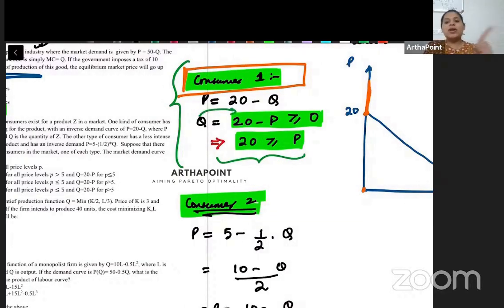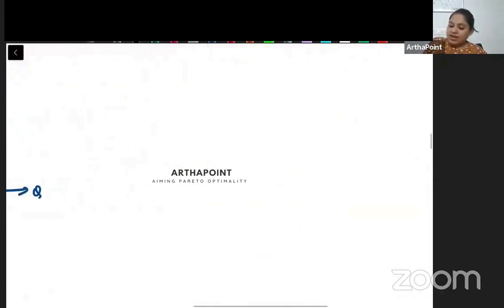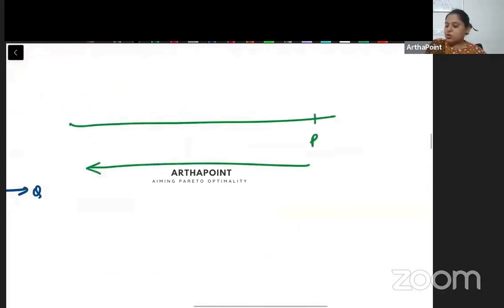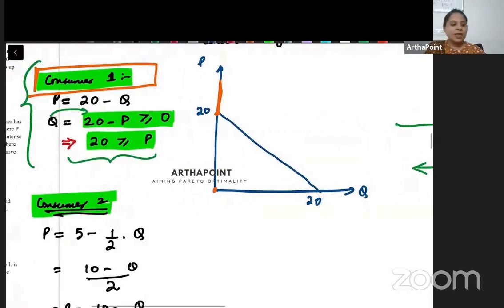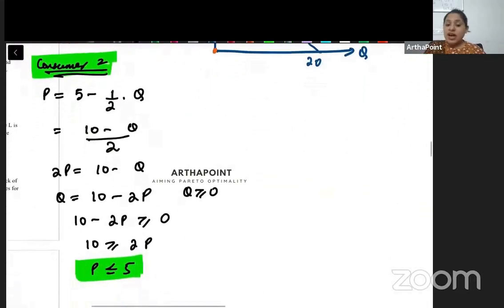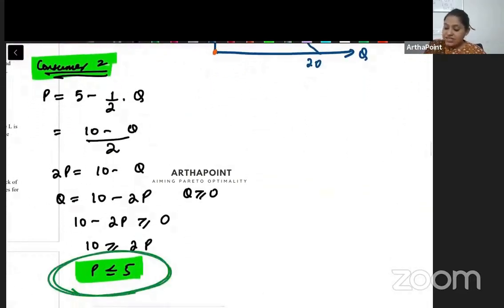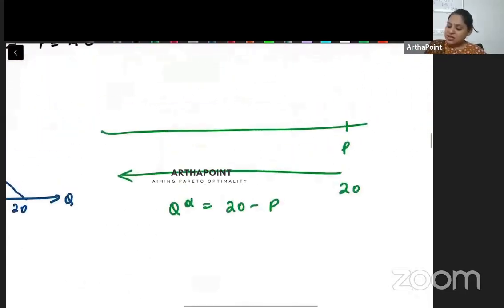His quantity function is 20 minus P. So as long as the price is less than 20, his quantity demanded is given by 20 minus P. This is what his quantity demanded is. And look for the other consumer. For the other consumer, as long as price is less than equal to 5, he will demand. How much? 10 minus 2P. So as long as it is less than equal to 5, he will demand. How much? 10 minus 2P.